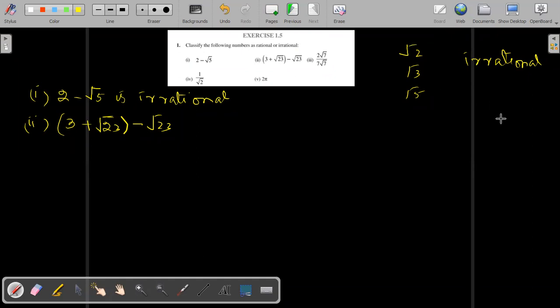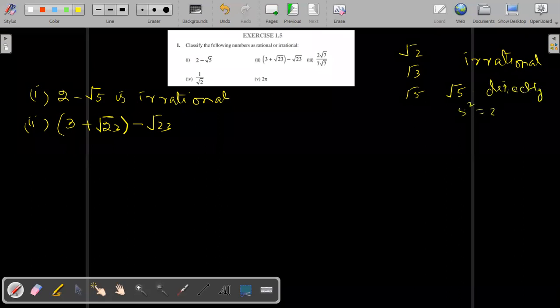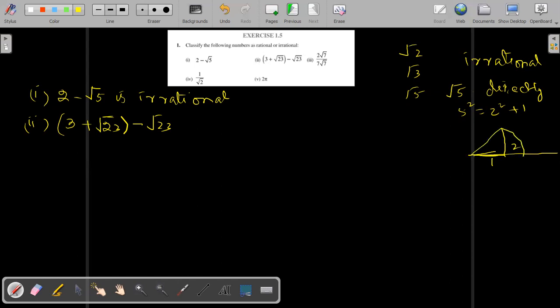But I told you how to represent using the spiral diagram, and root 5 can be represented directly, no need of a spiral diagram. Why? Because 5 square is equal to 2 square plus 1 square. So we have done this one. You are sleeping. Here we have taken 1, here we have taken 2, and this was the number line. And like this we did. If you remember, this will be root 5.